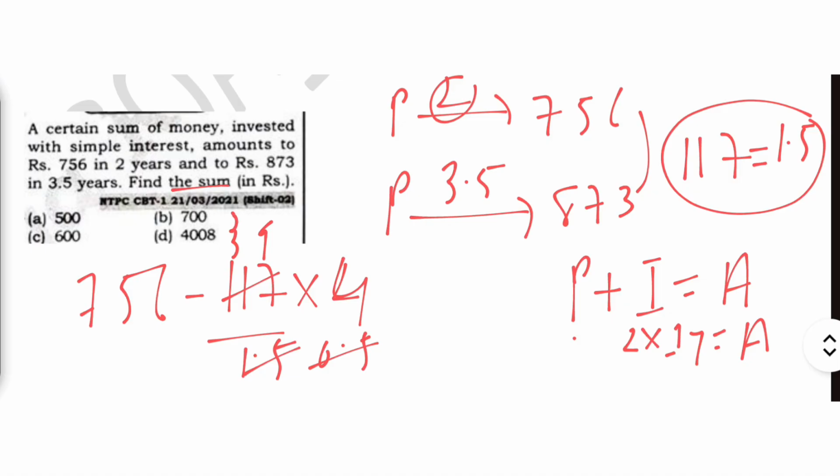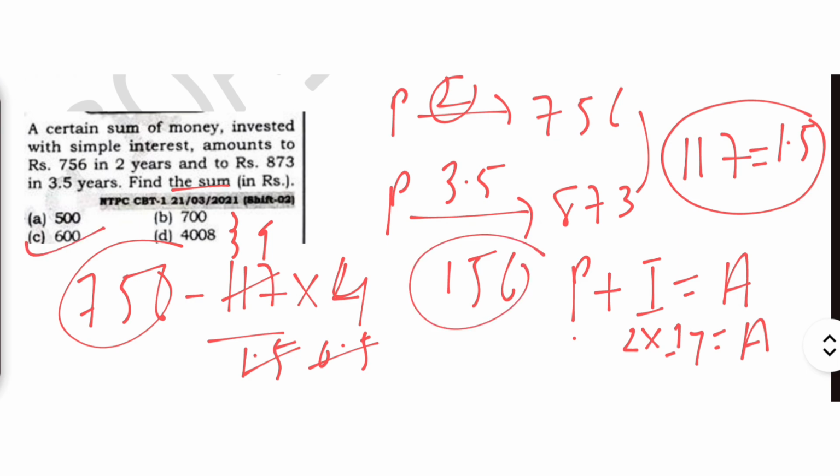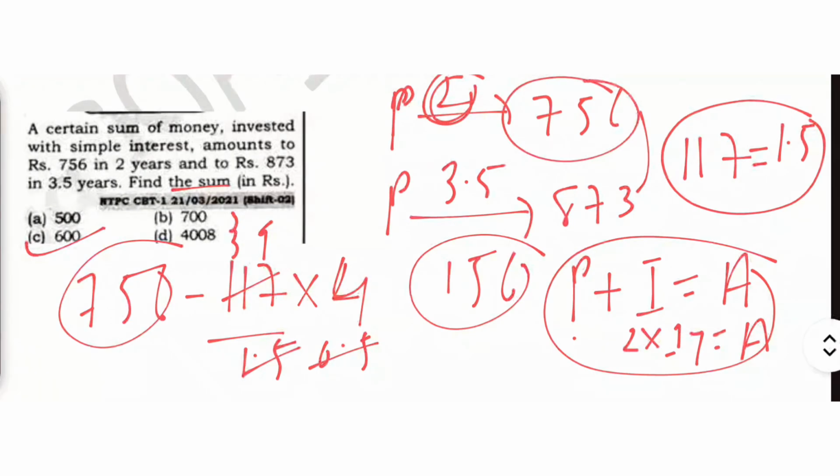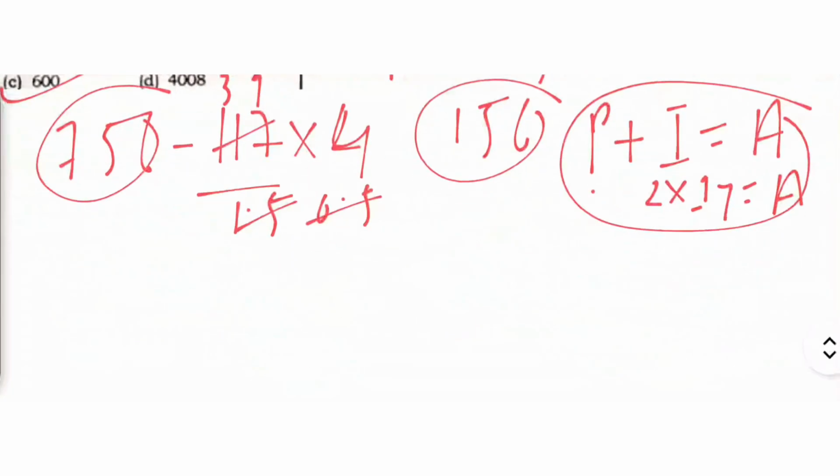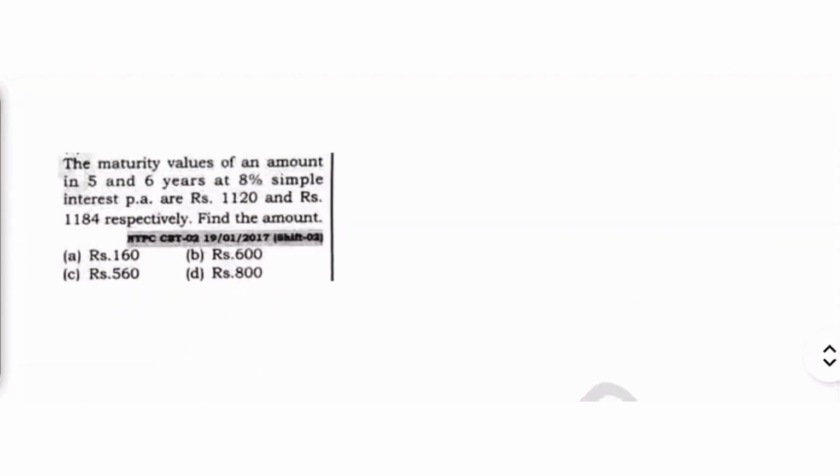So 4 9s are 36, 4 3s are 12, 13 14 15. So 756 minus 156 will give you C as the answer. I hope you know this. Your principal plus interest is your amount. This was your principal, this was your interest, and this was your amount. So we are just subtracting interest from that amount to give you the principal. Okay, I had shown you this in the previous lecture also.